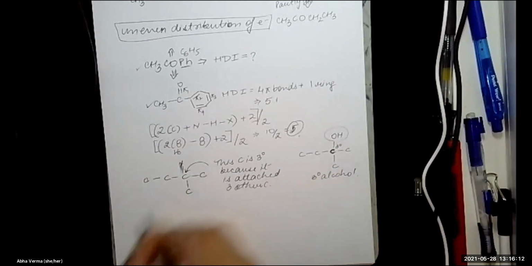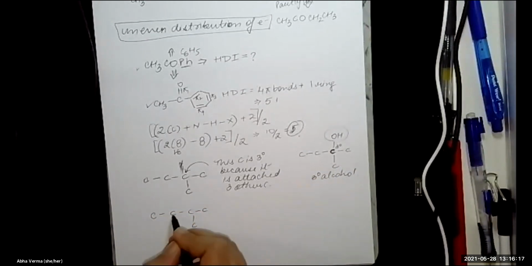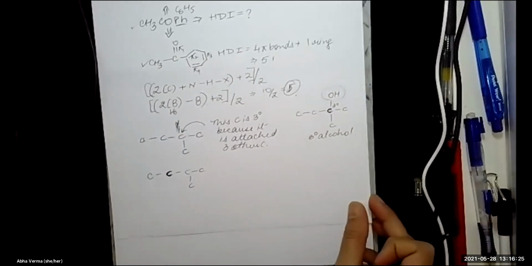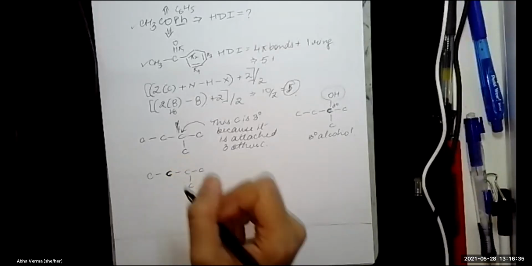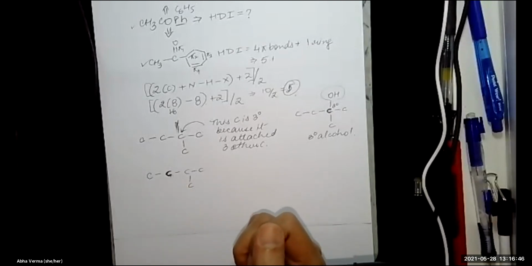Now, similarly, right here, same example I'm going to give you. What is this location? How will I classify this particular carbon? Anyone? Secondary. Yes, secondary. Armani, are you here? Armani, do you understand why is this a secondary carbon? Yeah, because it's only attached to 2 other carbons on each side.